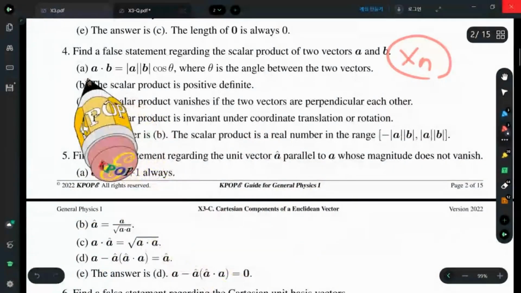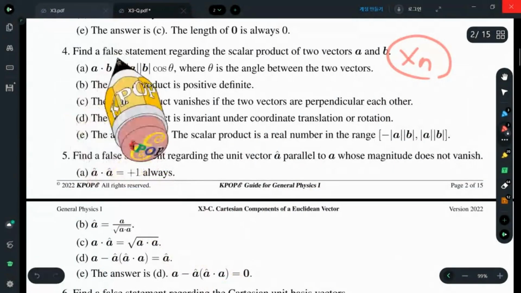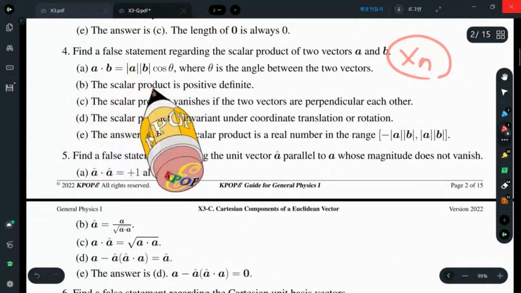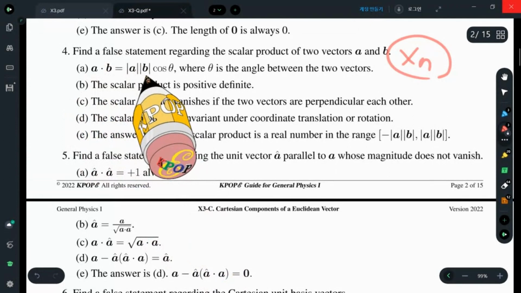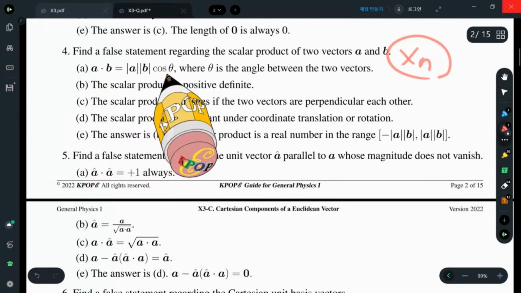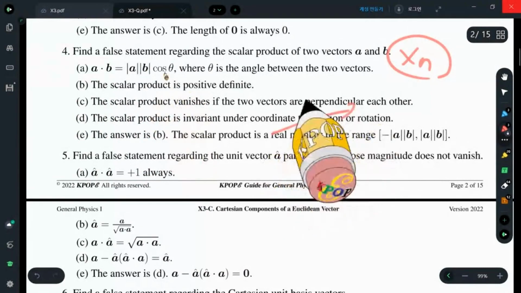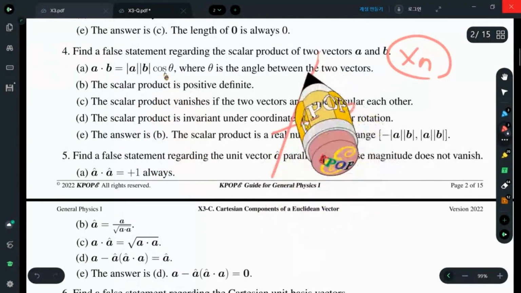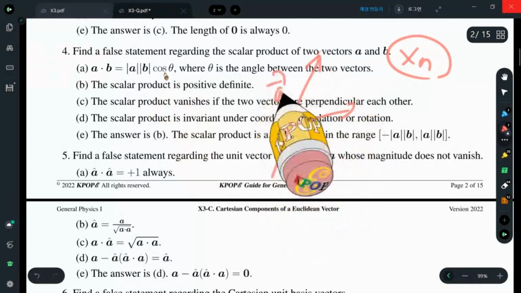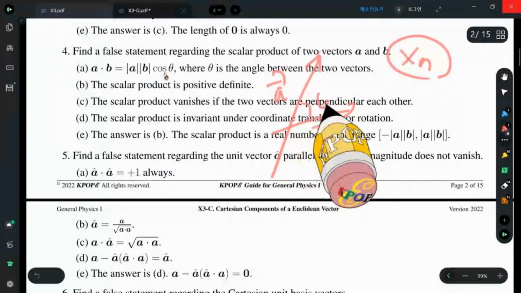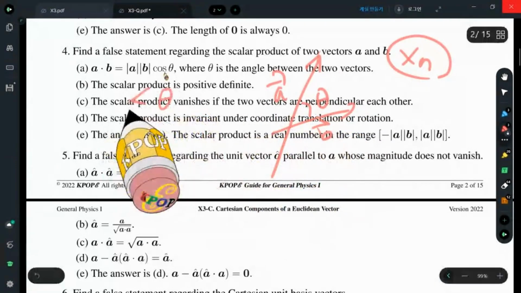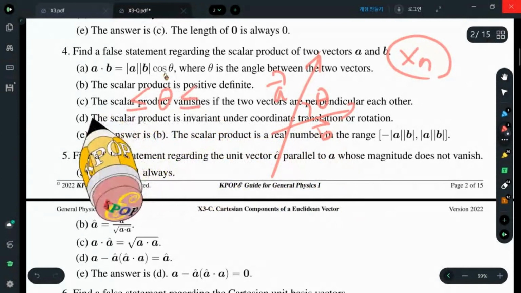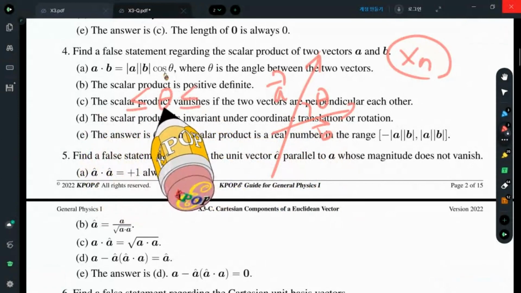All right. A dot B is called the scalar product, and the value is the product of magnitudes of the two vectors multiplied by cosine theta. And the angle between two vectors A, B, this angle theta, what is the minimum value of theta?